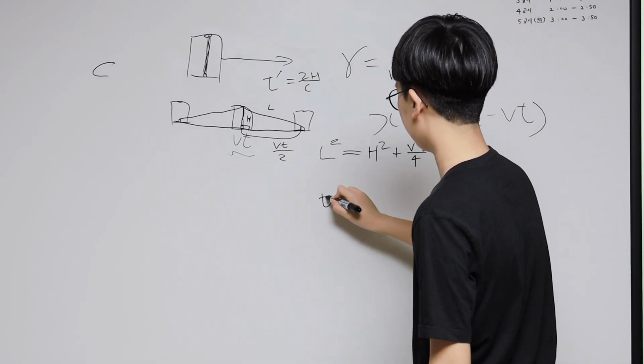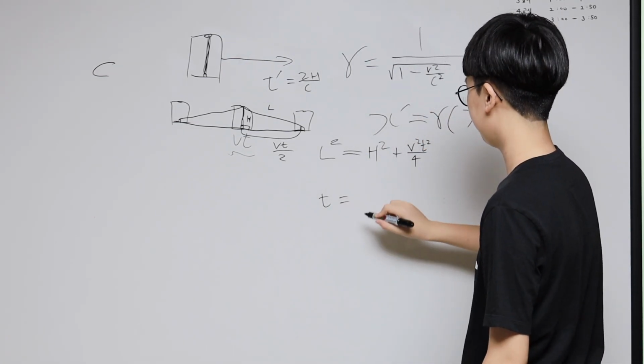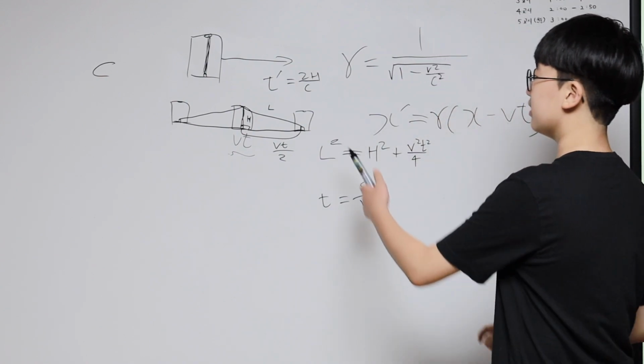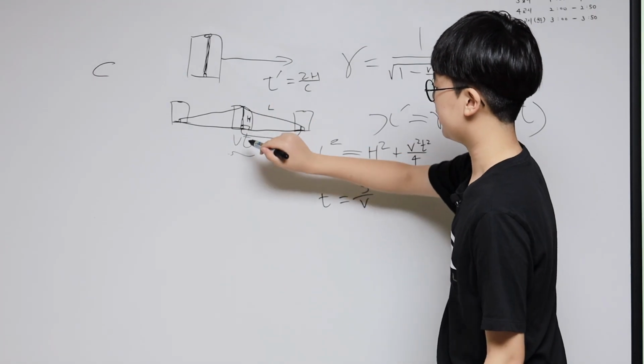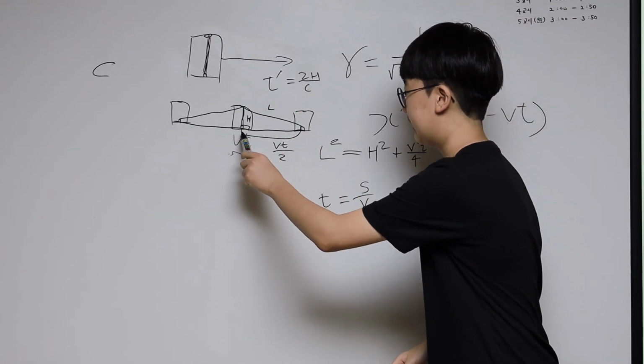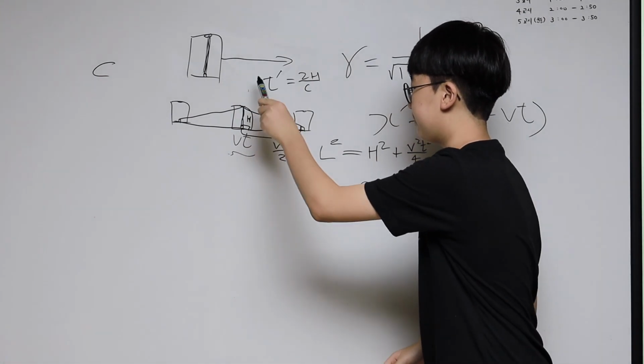Because time is equal to distance divided by velocity, the distance is 2 times h because, well, the light went this much up and down.